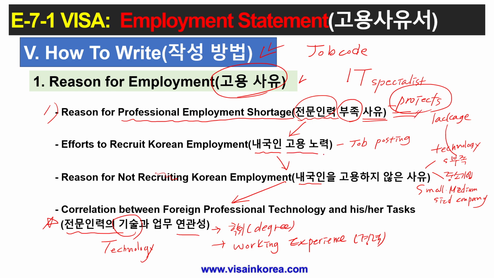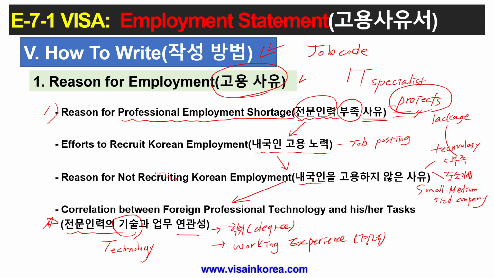In this case, your company tried to hire Koreans for this project. They had great effort to hire Koreans, but there were certain reasons that the Koreans couldn't apply for this job.